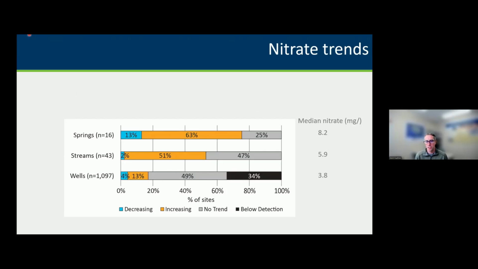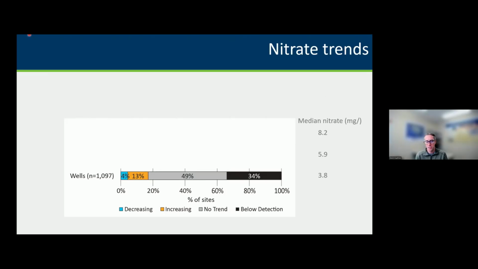So we're able to analyze some of that data as well. I'm first going to focus on the well data, just to make it a little easier. For the well data, the majority of the sites that we had enough data to run trend analysis on, we found that 34% were below detection, and about 50% or close to it showed no trend.